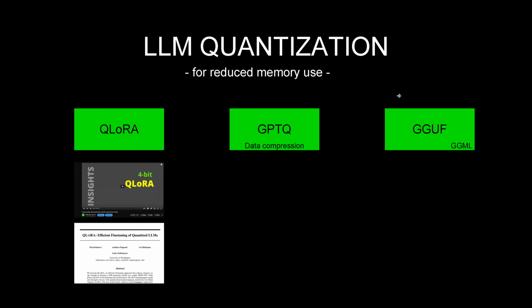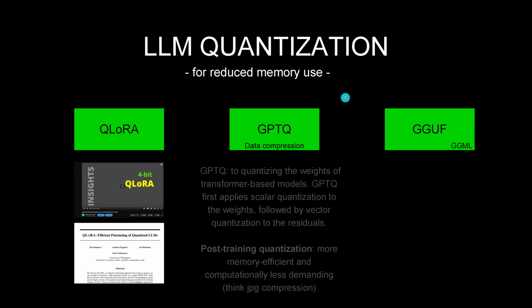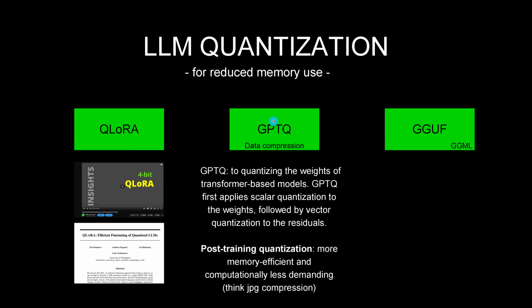So let's start. QLoRA, I have a video about it. I showed you the research paper here. This is clear. GPTQ, I have no video on this. Unbelievable. But you know, it is rather easy. You have a post-training quantization. So this means you have your LLM, and this LLM has been trained in 32-bit precision, full precision, or floating point 16.